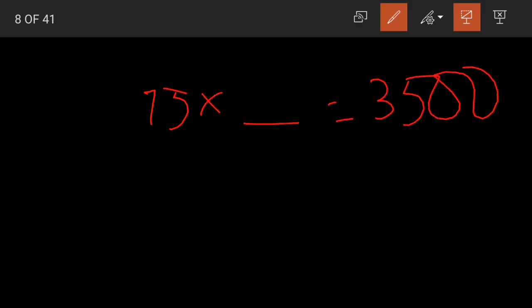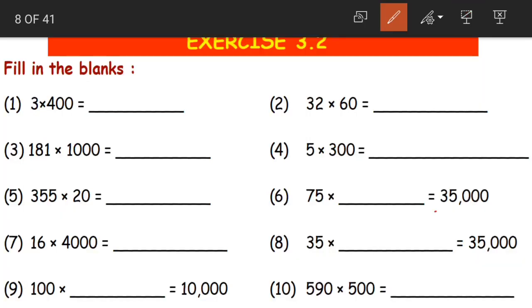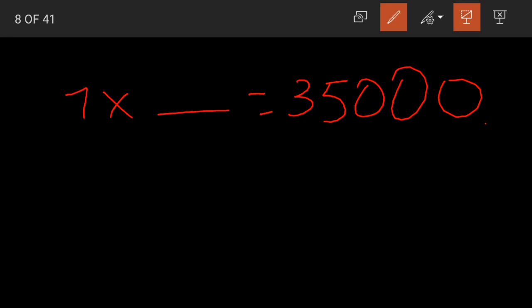See, 75 into dash is equal to 35,000. I think this is 7 into 5. Let us take it as 7 into dash is equal to 35,000.